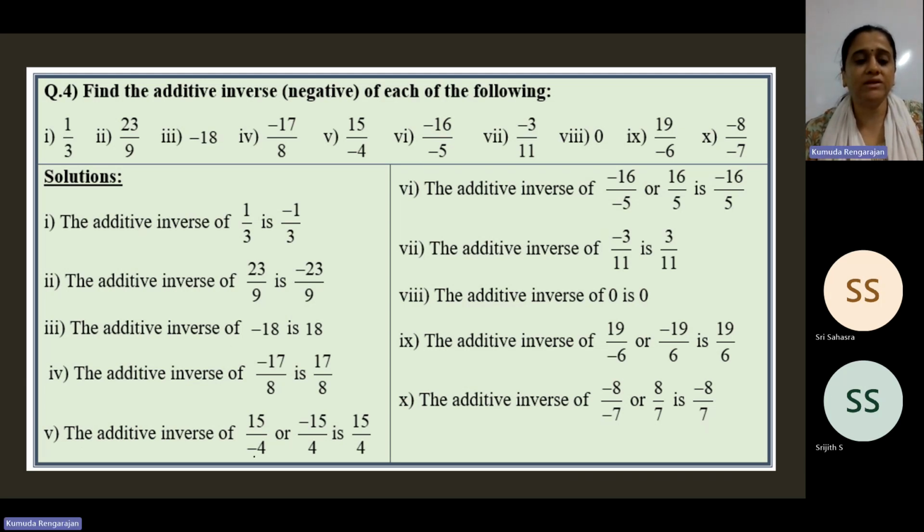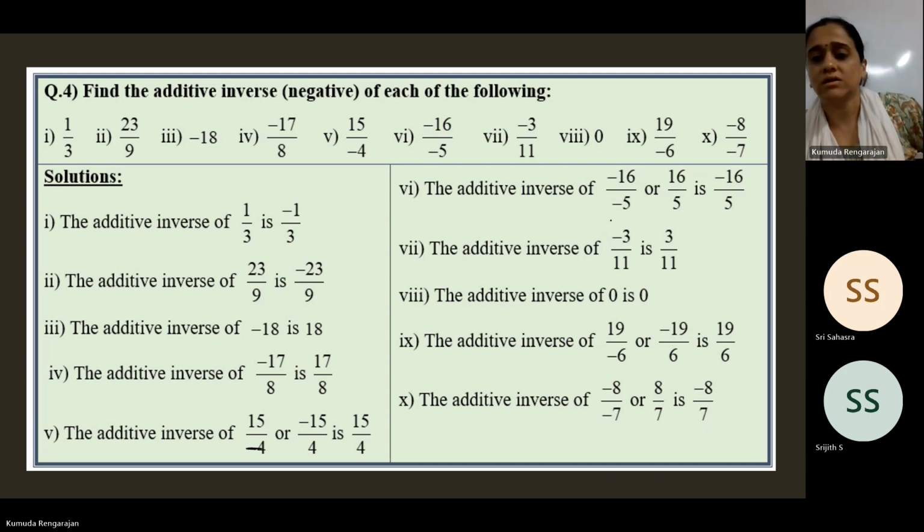See, when you have the negative sign in the denominator, 15 by minus 4 is nothing but minus 15 by 4. When the negative sign is in the denominator, you take it up to the numerator. And its negative is plus 15 by 4.